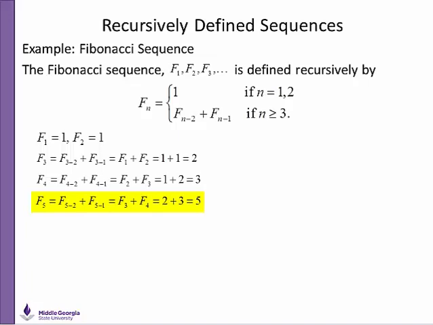So we have f sub 3 plus f sub 4, and f sub 3 is 2, f sub 4 is 3, so 2 plus 3 is 5.